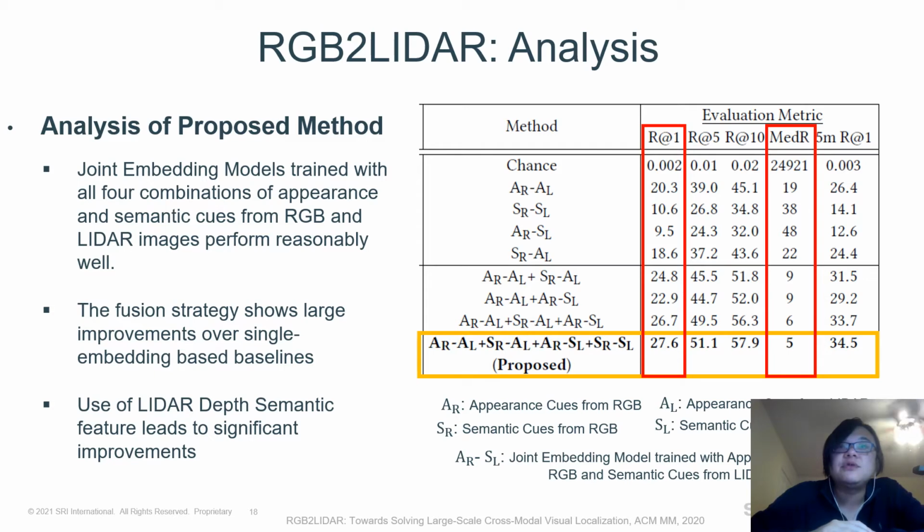This kind of fusion strategy shows a large improvement over the single embedding based baselines. Finally, this also shows that using semantic information improves the results a lot. So that confirms our hypothesis that fusion of both appearance and semantic information is a good direction for cross-modal geo-localization.